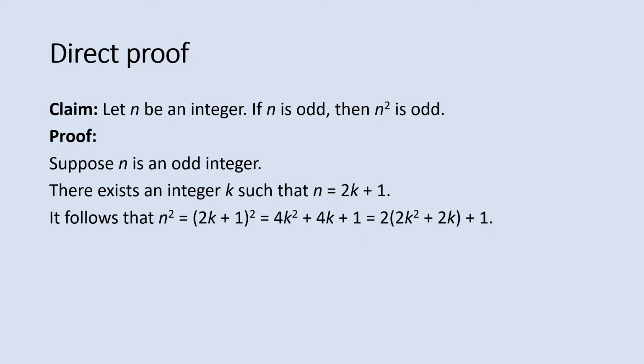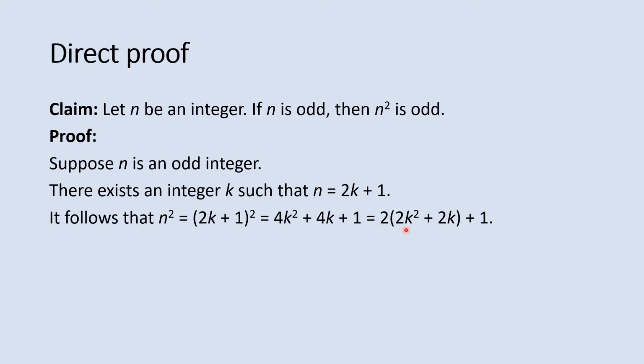Now when we square n, we get n squared is equal to the quantity 2k plus 1 squared. Expanding that, we have 4k squared plus 4k plus 1, which we can then, again, group the first two terms together, 4k squared plus 4k, and factor out a 2.